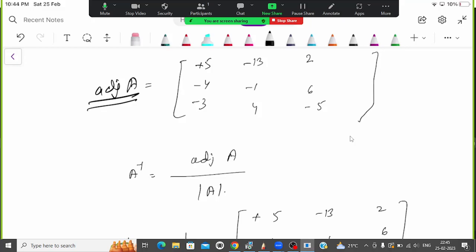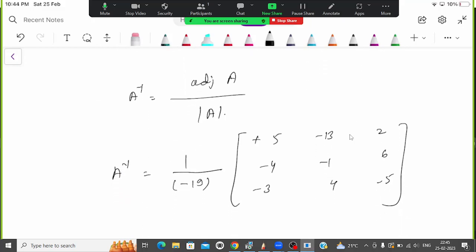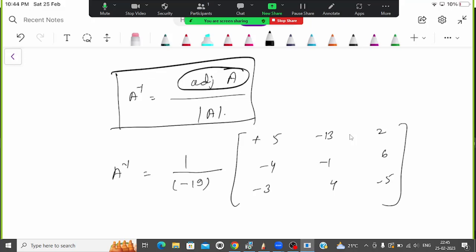Okay, this is how we calculate the inverse. You just calculate the adjoint of A, then multiply it by 1 by the determinant.